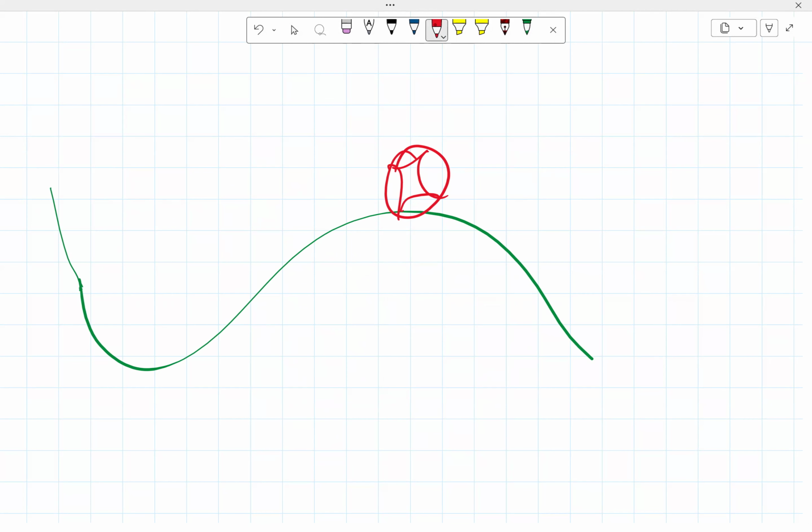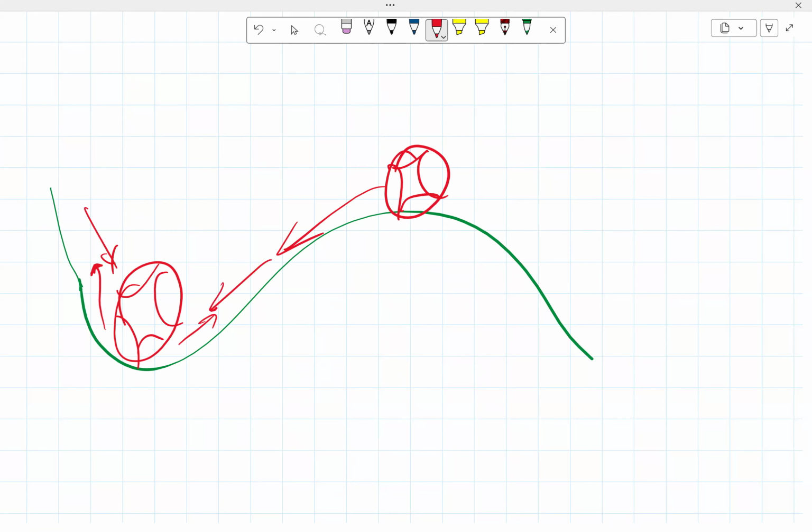But if you push the ball a bit, it will end up coming down into this place. But if you push the ball a little bit up here, in this case, it will always come back down. If you push it up a bit here, it will always come back down.